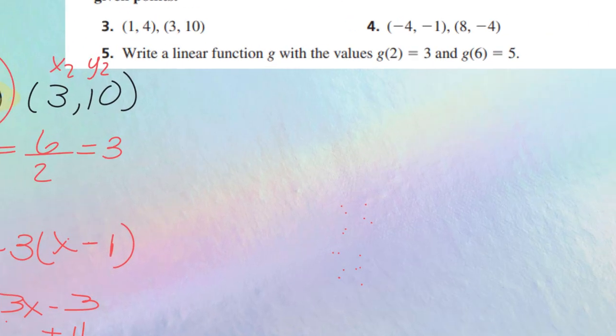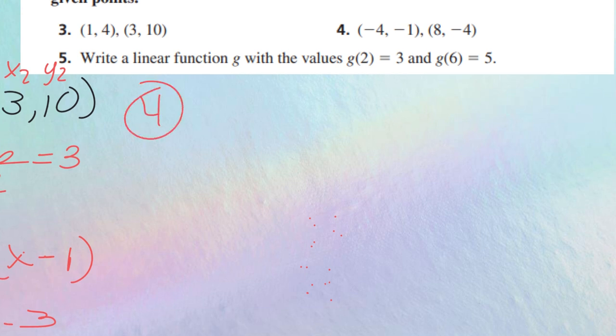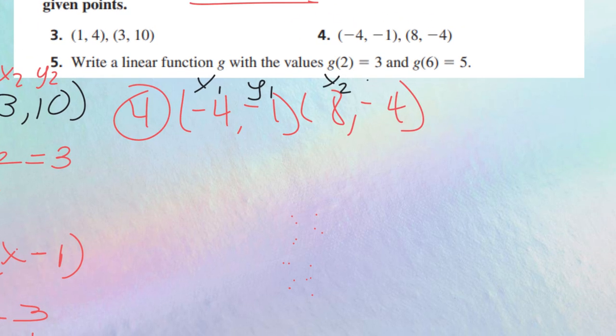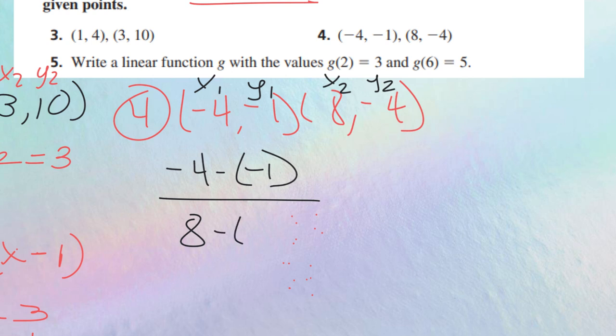In number 4, now we have what? Points -4, -1, and 8, -4. Well, we're going to let this be our first point, and 8, -4 be our second point, correct? Plugging in our slope formula, we know we're going to have what? -4 minus -1 over 8 minus -4.